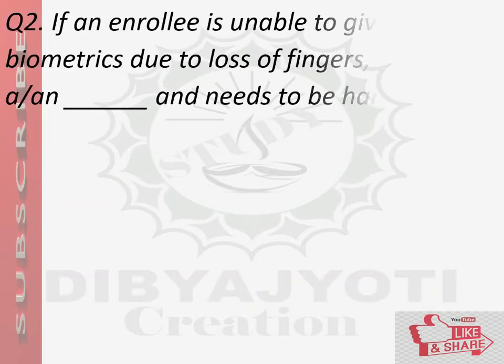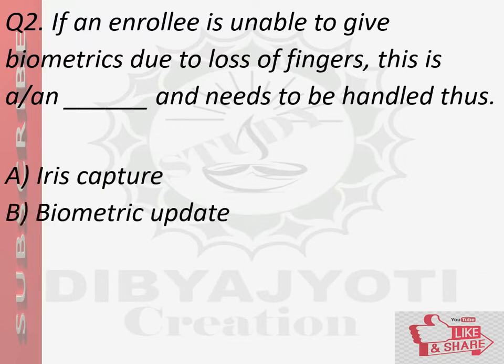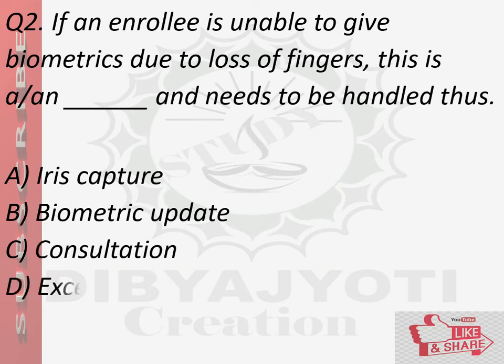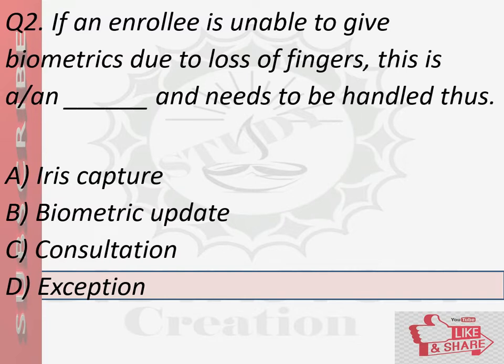Next, if an employee is unable to give biometrics due to loss of fingers, this is an dash and needs to be handled thus. Options are option A, iris capture, option B, biometric update, option C, consolation, option D, exception, and the answer is option D, exception.